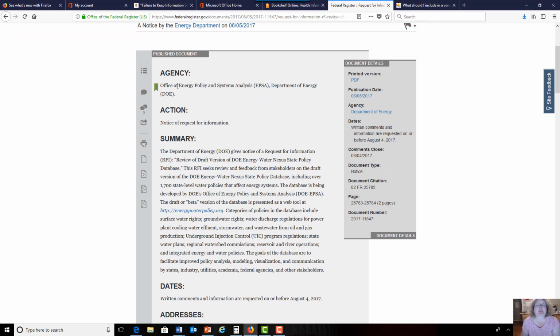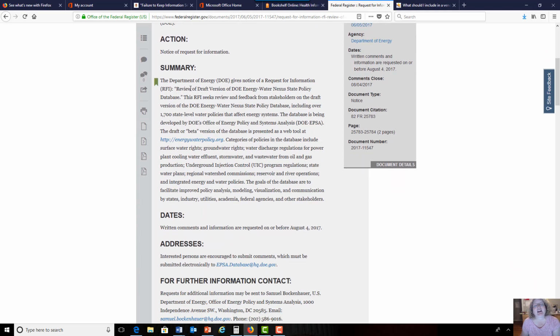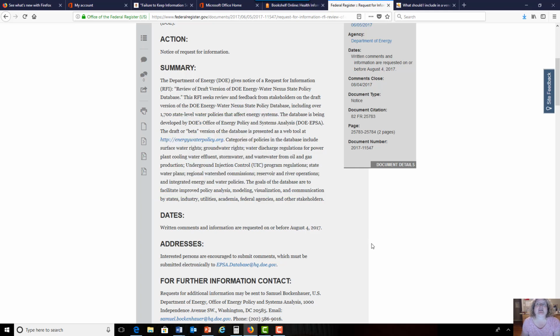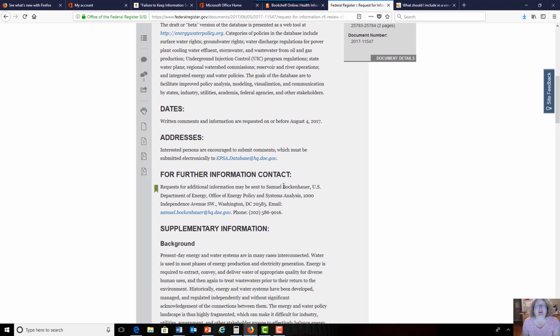And with an RFI, you want to state who you are and what this is, and this is a request for information. And this just explains what it is. And so here you would say our 200-bed hospital in the neighborhood of Make-Believe has a need for a new information system. We're a nonprofit hospital. We have a small staff, and you would just explain what it is you are.